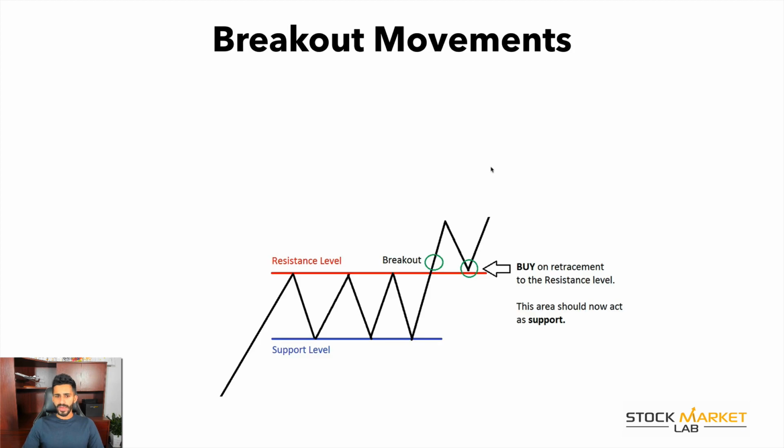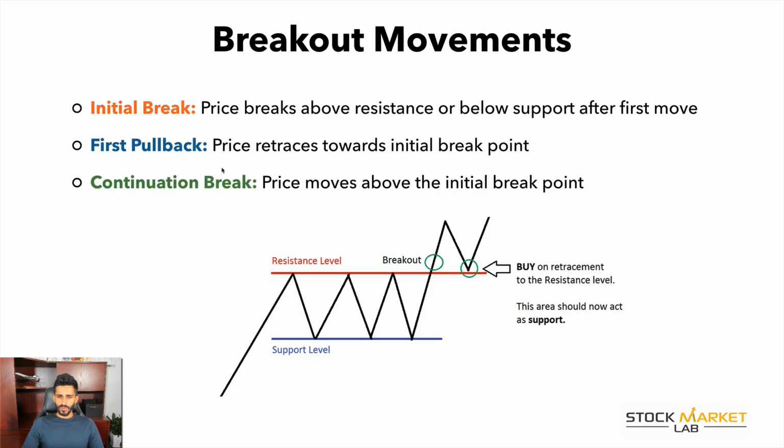Now, before we do that, let's understand breakout movements. There are three types of breakout movements. The first one is the initial break. This is when price breaks a critical level, and in this situation the critical level is the resistance point. The stock price breaks out of that critical level. Sometimes you might have a break and a continuation. Sometimes you might have a break and get the first pullback.